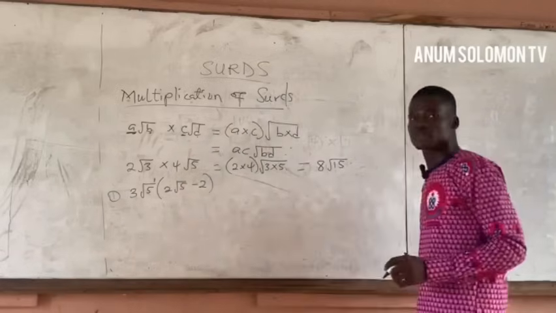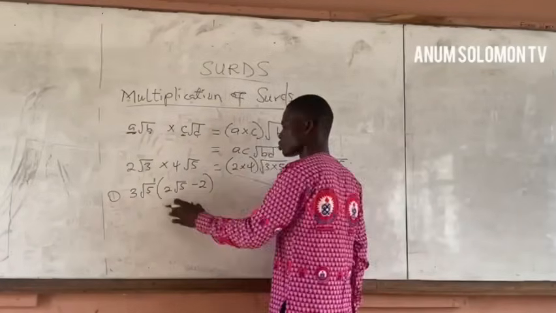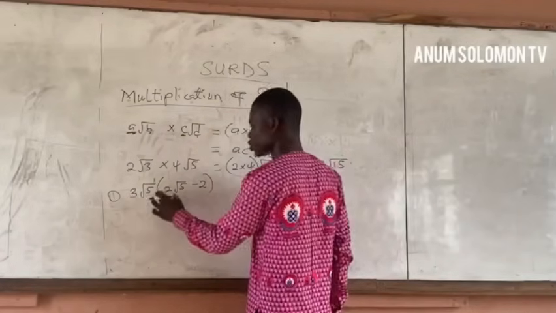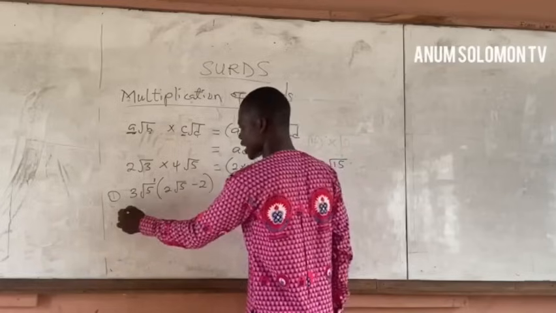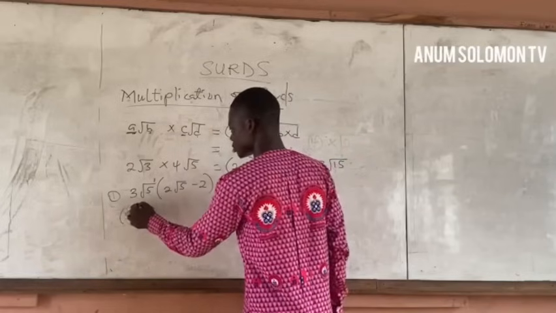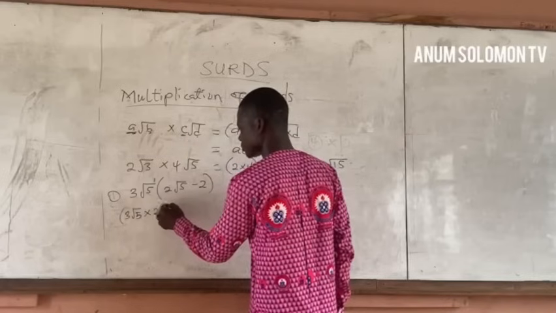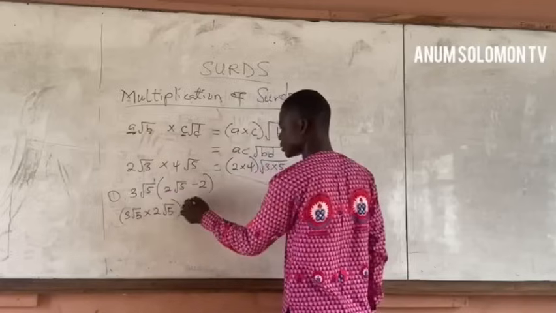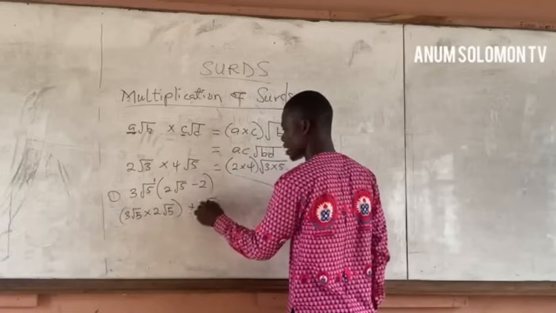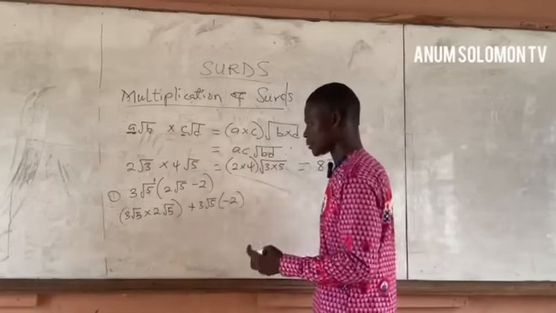So now let's move on. Meaning we are going to use the term outside the bracket to multiply each of the terms inside. So when I pick 3 root 5, it's like 3 root 5 times 2 root 5, and the same thing plus 3 root 5 times negative 2.